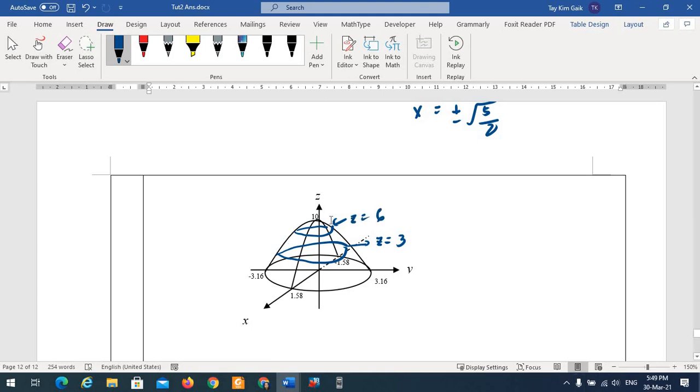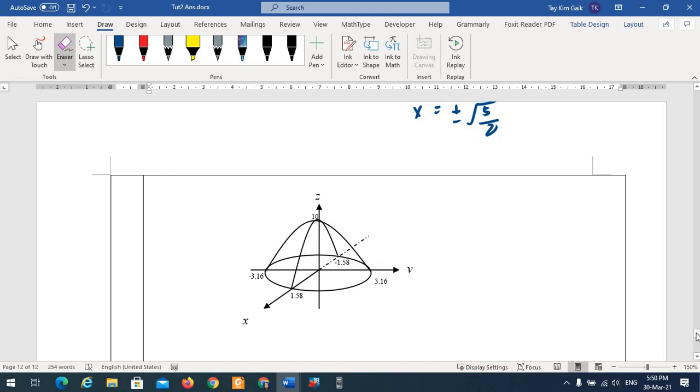Or you just sketch the shape and the XY intercepts when Z equal to 0. And at the end of the chapter you also have the review exercises. If you want more exercises on domain, range, level curves, contour lines and 3D graphs, you may look at exercise 1A in the review.